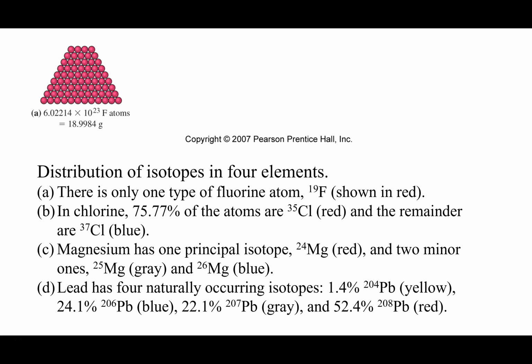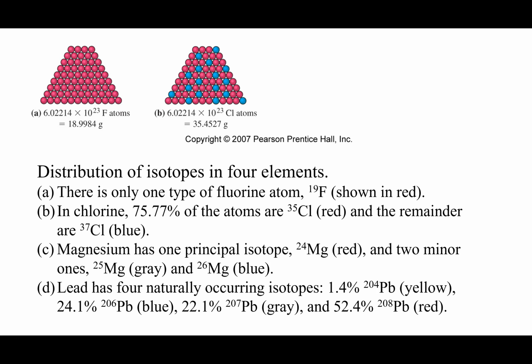But if we have the same amounts, which is 1 mole, if we have 1 mole of fluorine atoms, the fact that they're all the same color says that there's only 1 naturally occurring isotopic form of fluorine, mass number 19. Chlorine, we should see 2 colors there. But can you see where the blue ones are present in only about 24%?